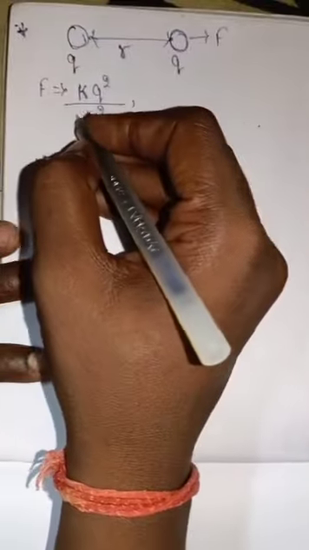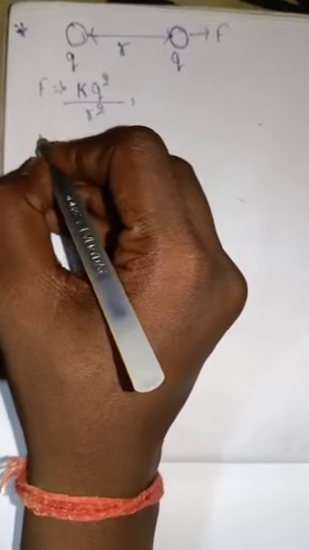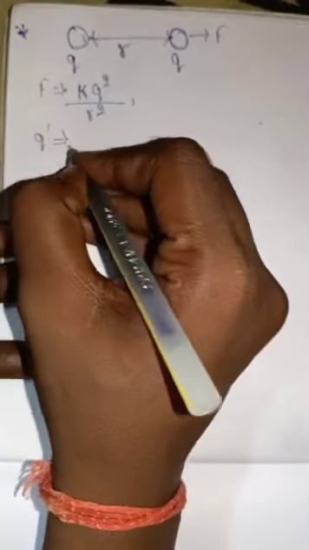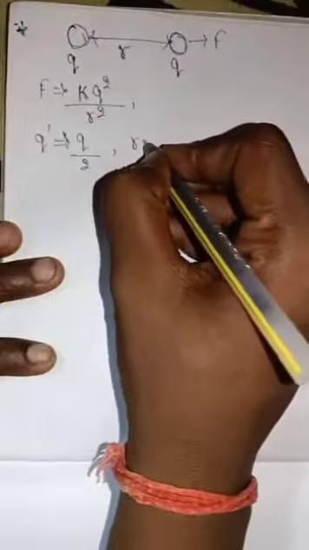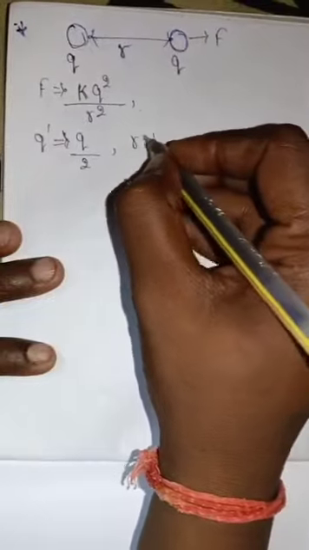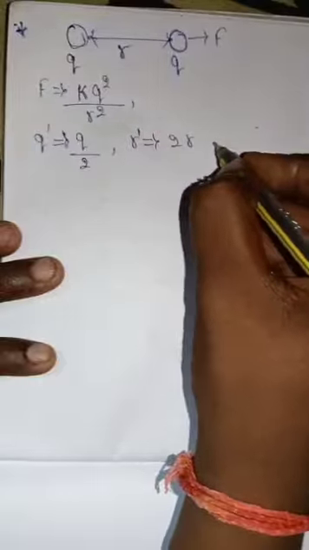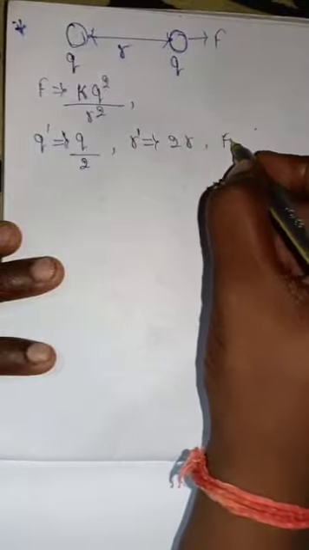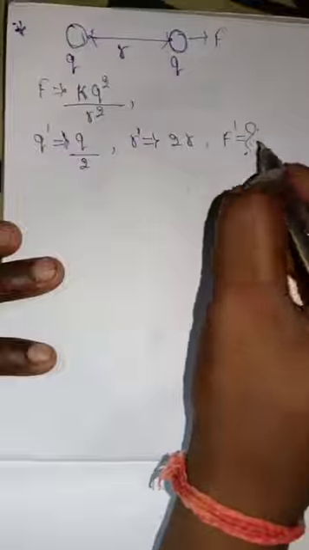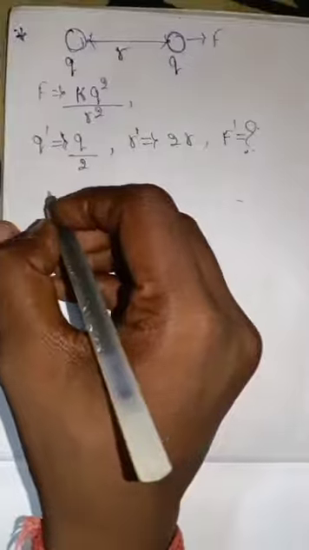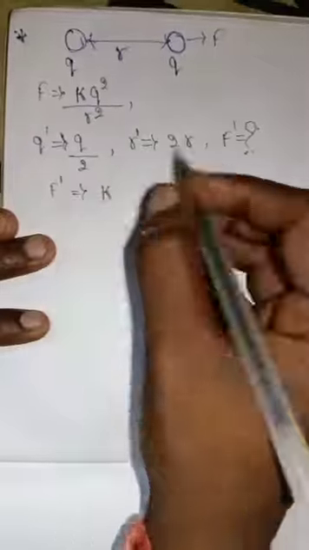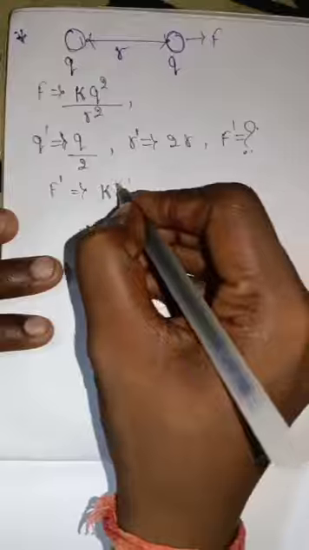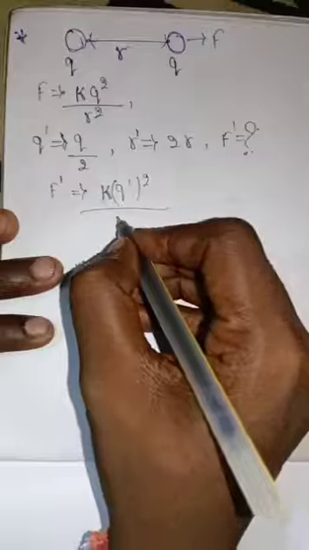So they made changes. The new charge is half of the old charge and the distance between them is doubled, and they are asking for the new force in terms of the old force. So new force will be equal to k new charge whole square divided by new distance whole square.